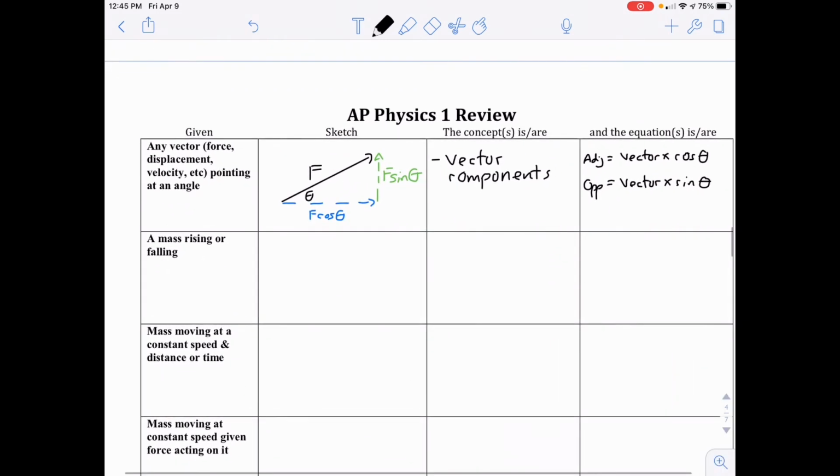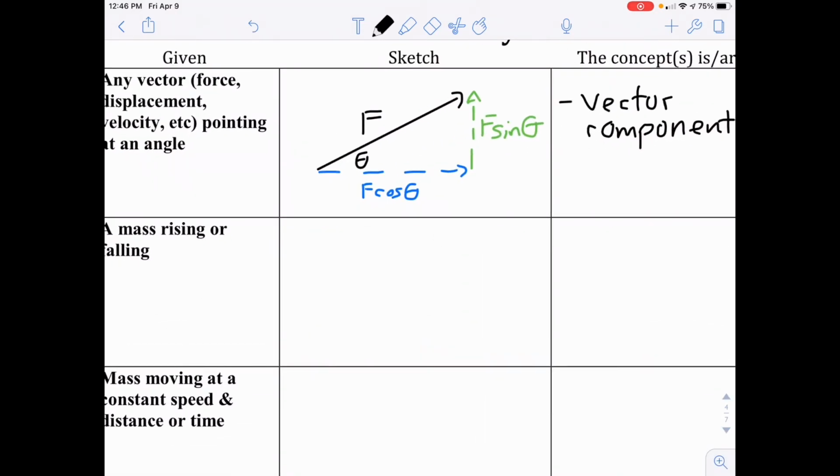Now, what if we're given a situation where we have a mass that's rising or falling? Well, this could be a couple different concepts. Image-wise, we're looking at an object that's simply rising or falling.